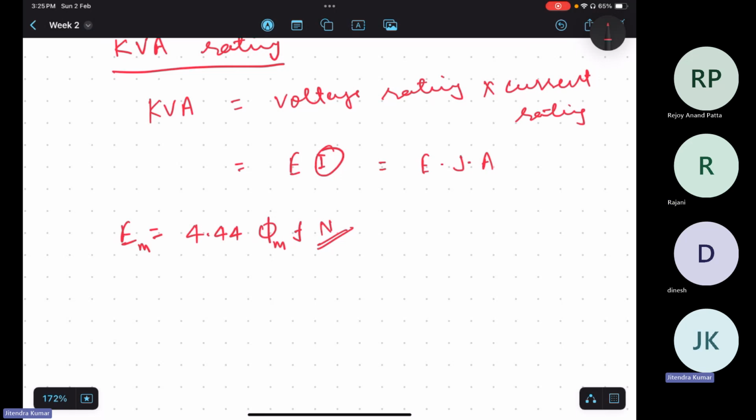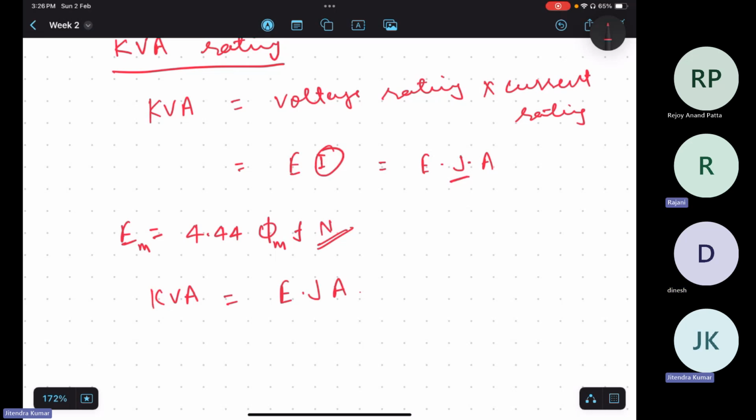Now can we relate it with window factor? This entire term, KVA rating, we have come up to E into J into A. Sir, this is RMS or maximum value?